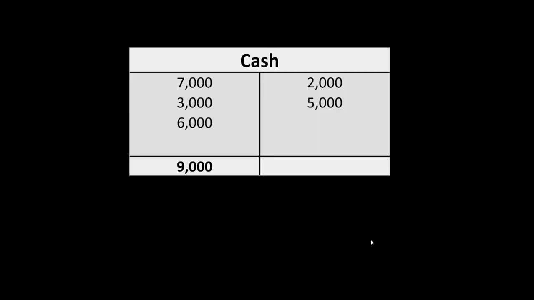If I take the total debits, $16,000, and I subtract the total credits, $7,000, I have a balance in cash of $9,000. Cash has a debit balance, left side, of $9,000. This is because the total dollar amount on the left side was more than the total dollar amount on the right side.